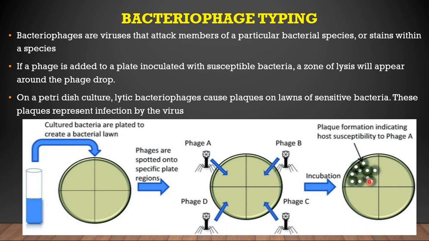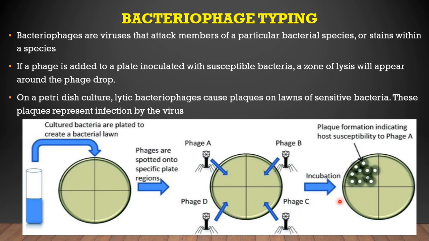So that means in bacteriophage typing, the clinical microbiologist inoculates the bacteria to be tested on a petri plate. The plate is heavily and uniformly inoculated with a cotton swab so that the bacteria will grow to form a solid sheet or a lawn of cells. Now the plate is marked off into squares, and each square is inoculated with a drop of suspension from the different phages, like A, B, C, D, available for typing.